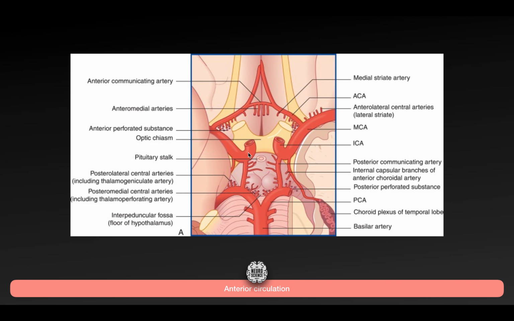Here's our curling internal carotid, which is on its way to terminate into this middle cerebral artery here. Just before it does, it gives off a posterior communicating artery, and it gives off this artery here. This is our anterior choroidal artery. Okay?